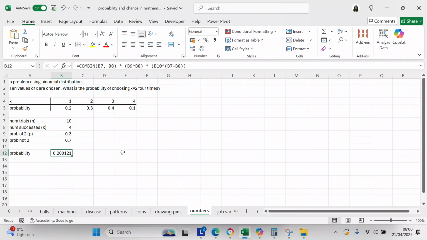So you have your probability equals combine B7, comma, B8 times B9 to the power of B8 times B10 to the power of B7 minus B8. And so your probability is 0.2. So that's your probability of choosing x equals 2, 4 times.